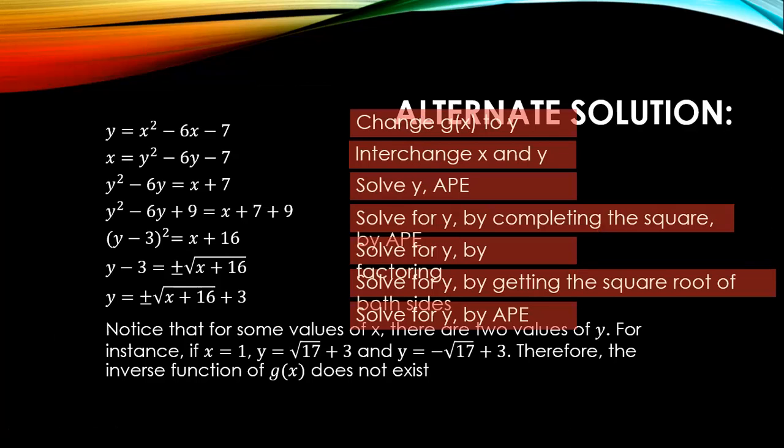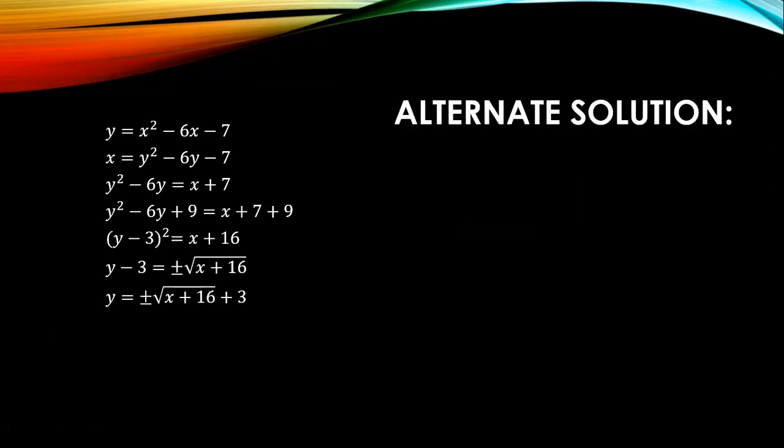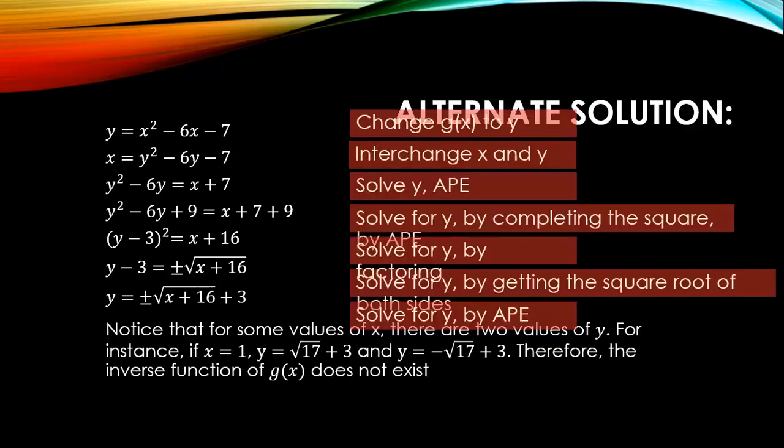Okay, this is an alternate solution kung bakit nasabing walang inverse function yung given. So, y is equal to x squared minus 6x minus 7. Okay, pinalitan ng y yung g of x. And then pinagpalit. Napansin natin. Lahat ng y naging x, lahat ng x naging y.